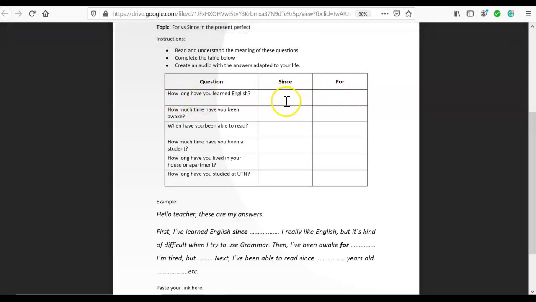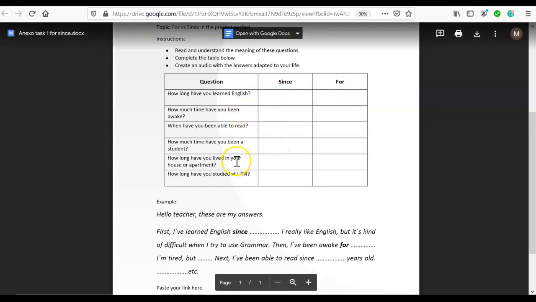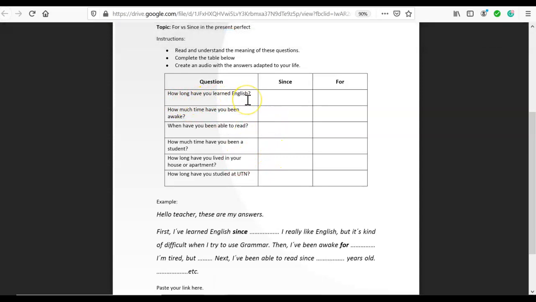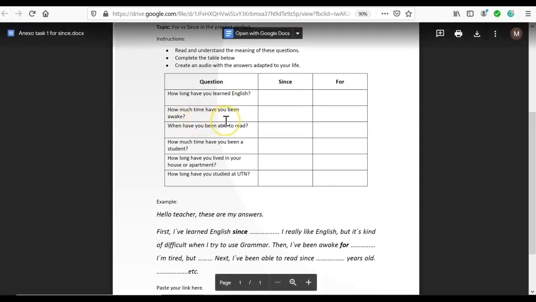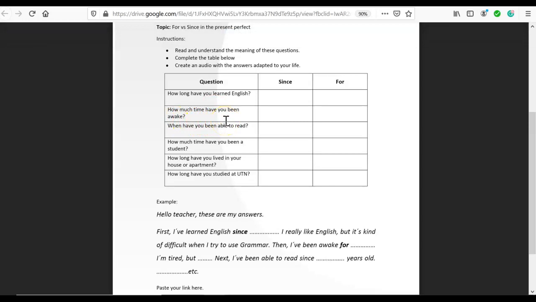You need to type directly here in the table, completing it. You have: How long have you learned English? How much time have you been awake?